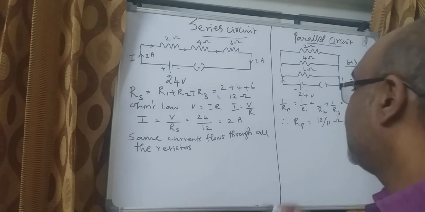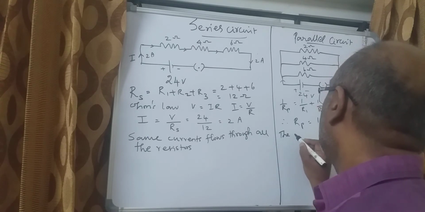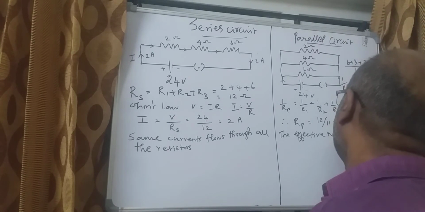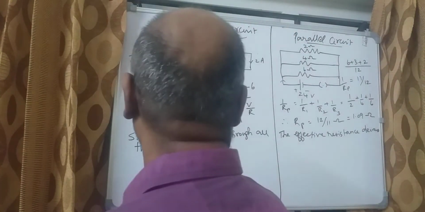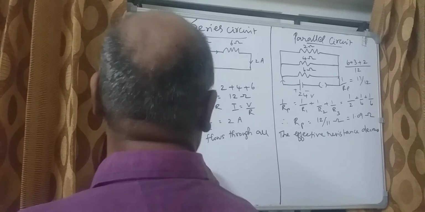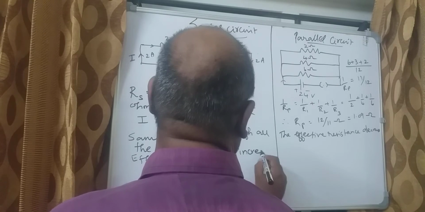So from this we can understand that here the effective resistance decreases, whereas here effective resistance increases.